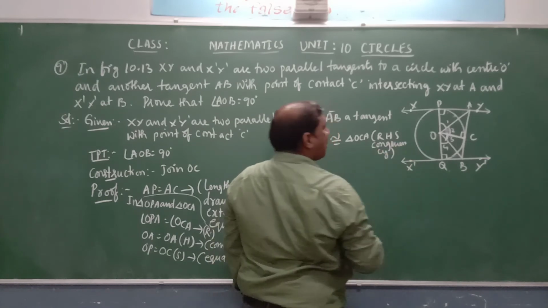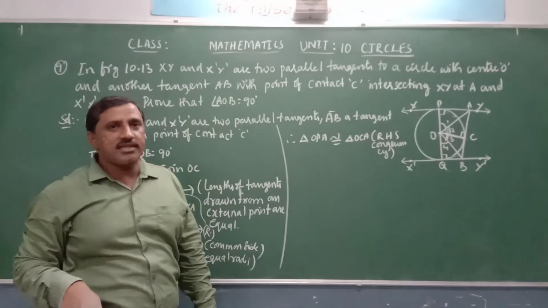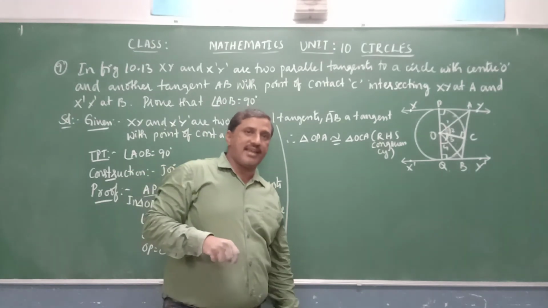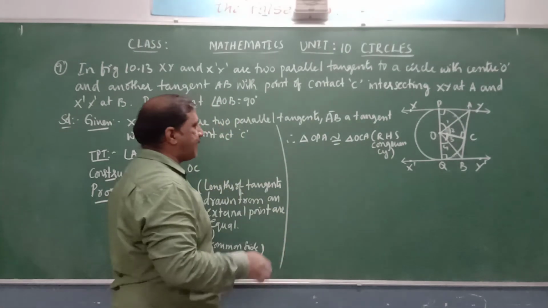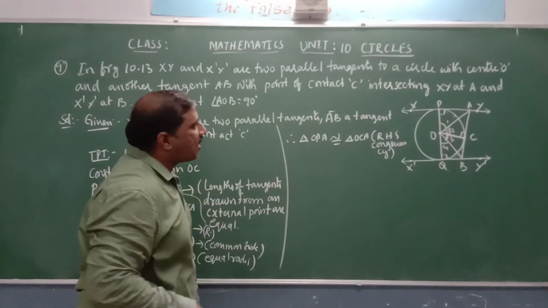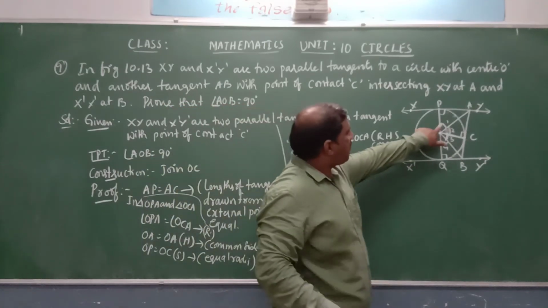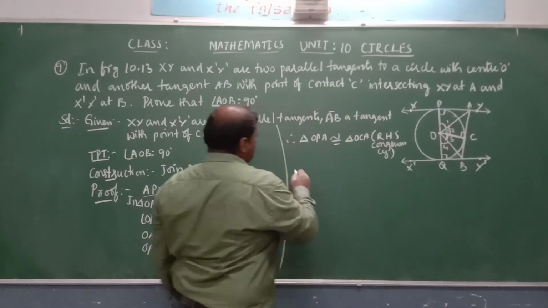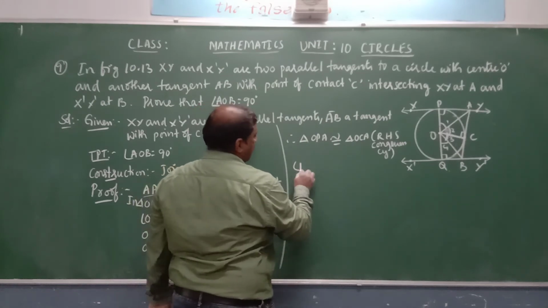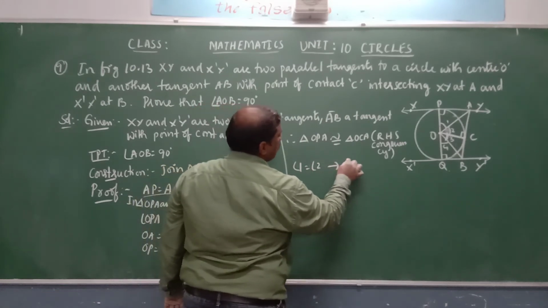You can also prove those two using the SSS congruency criteria. Now by CPCT, what can we say? By CPCT, angle 1 is equal to angle 2.